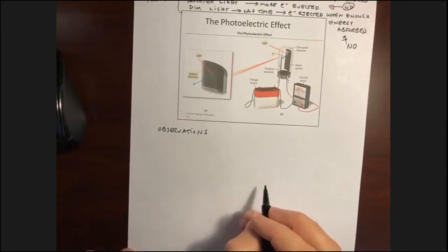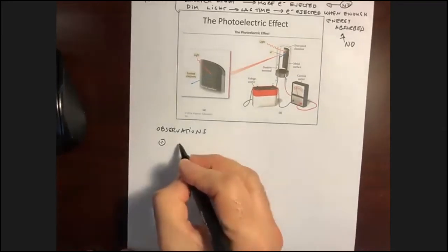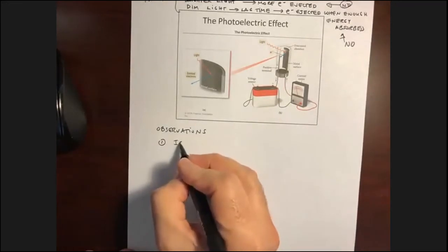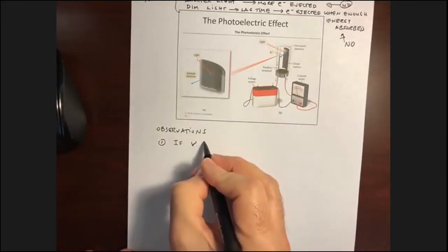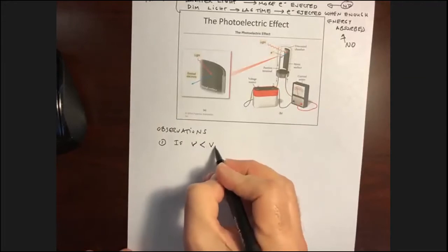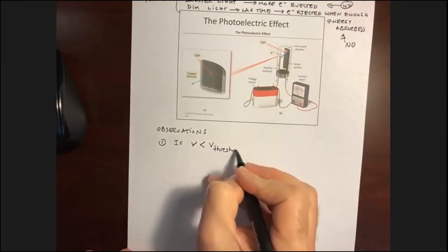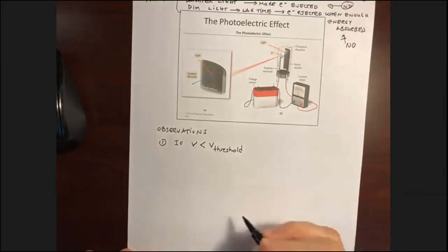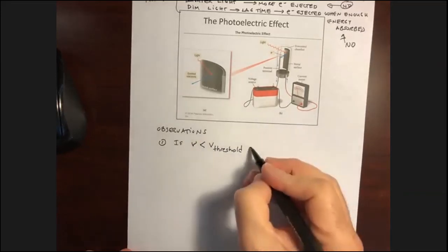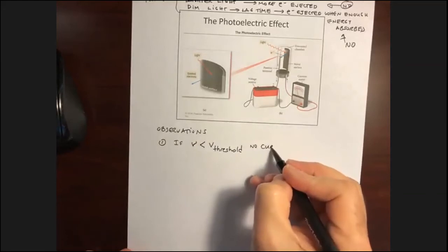Observation number 1 was that if the light happened to be lower than a particular threshold frequency, you would get no current at all.